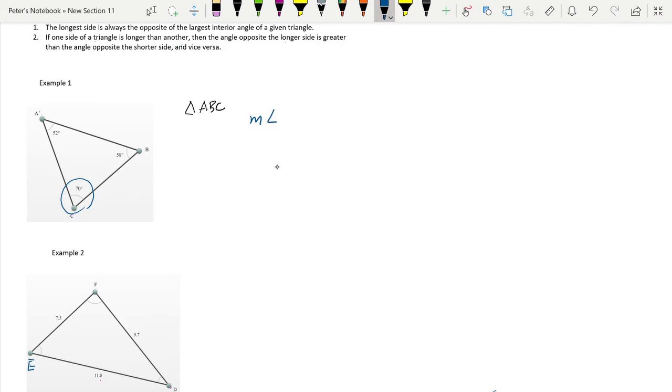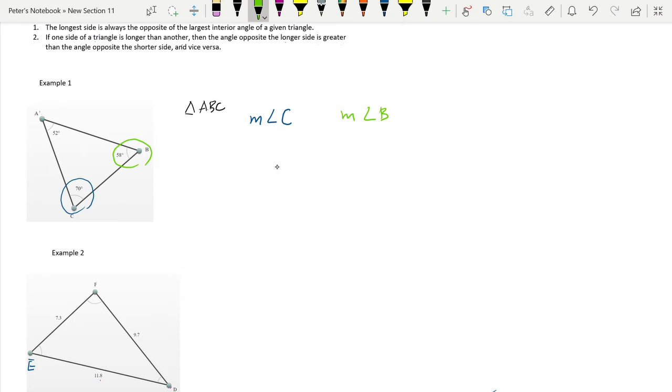So that's the measure of angle C. And the second largest angle will be this guy here, an interior angle of the triangle, that is, angle B, which is 58 degrees. I'm just writing this in order, by the way.